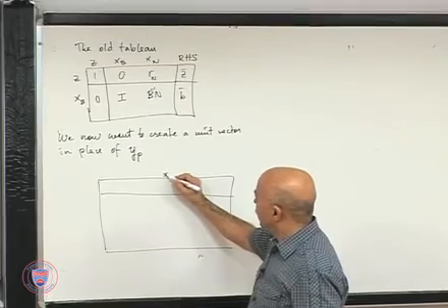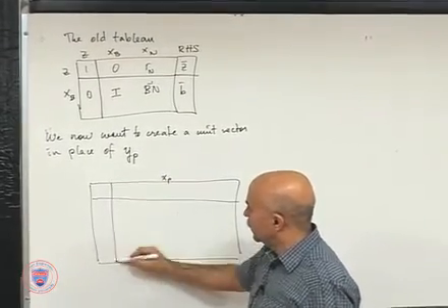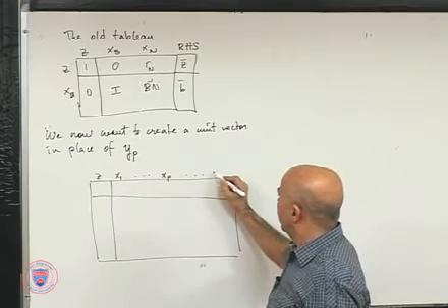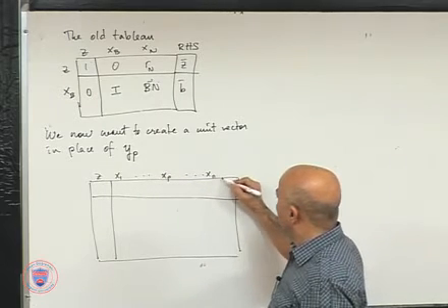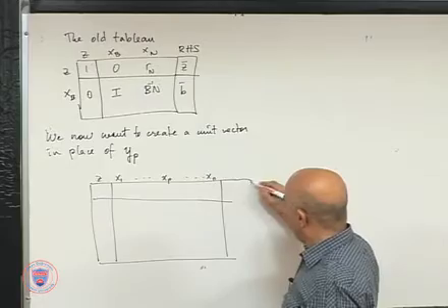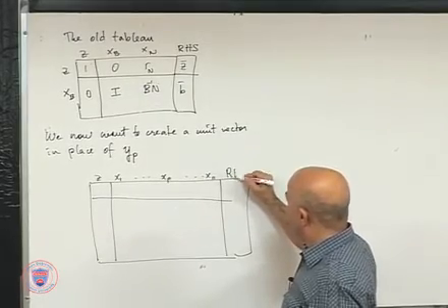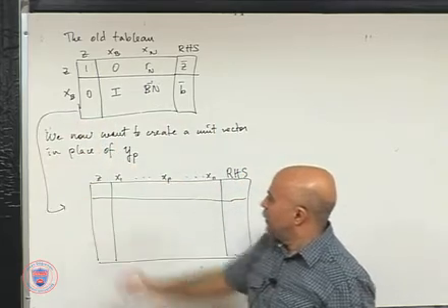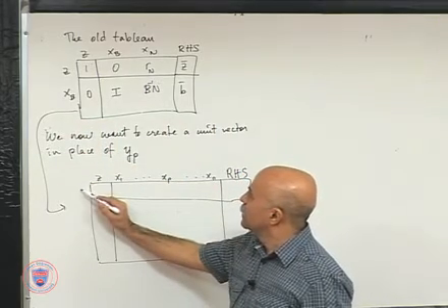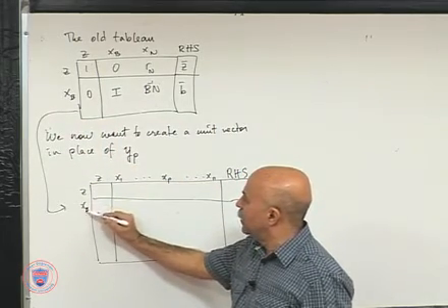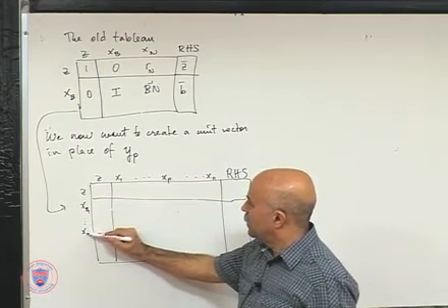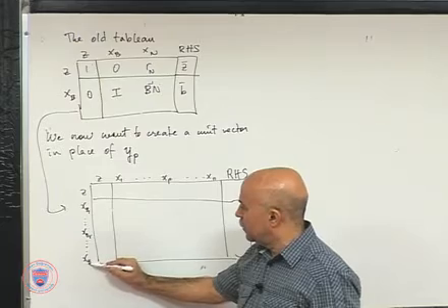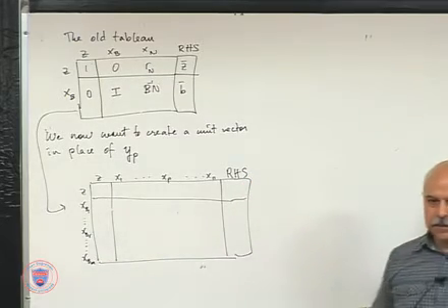You have the column XP somewhere here. I'm rewriting the old Tableau in the new way. You've got Z here, XP1, XP sub R, which is the leaving variable, and then you've got XP sub M. Okay? These are the variables listed.